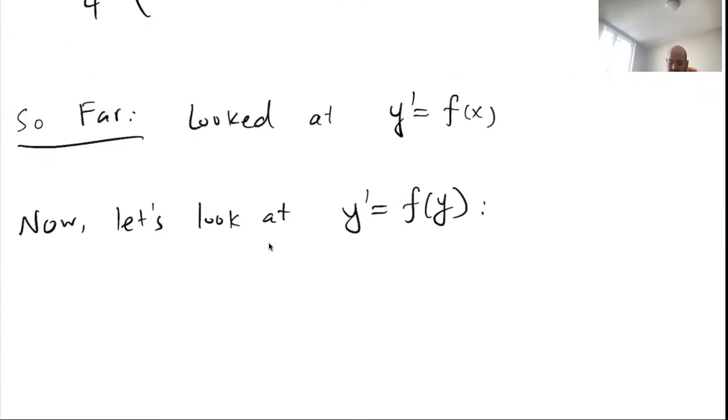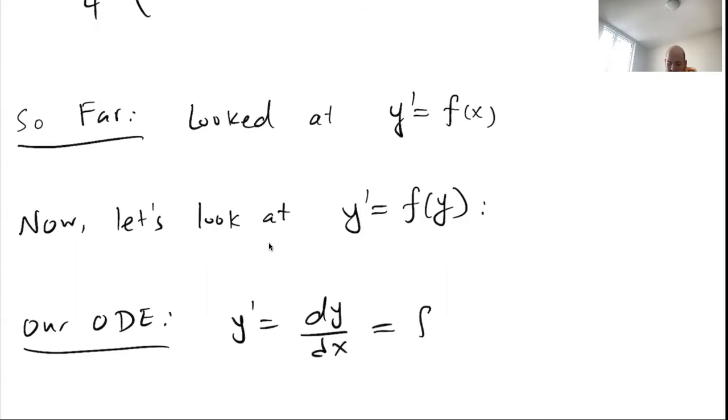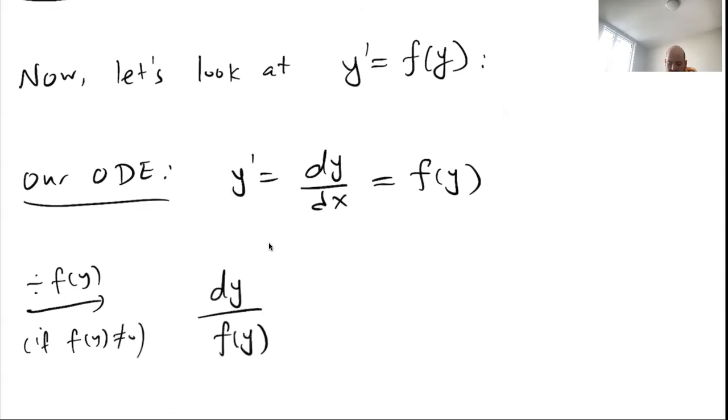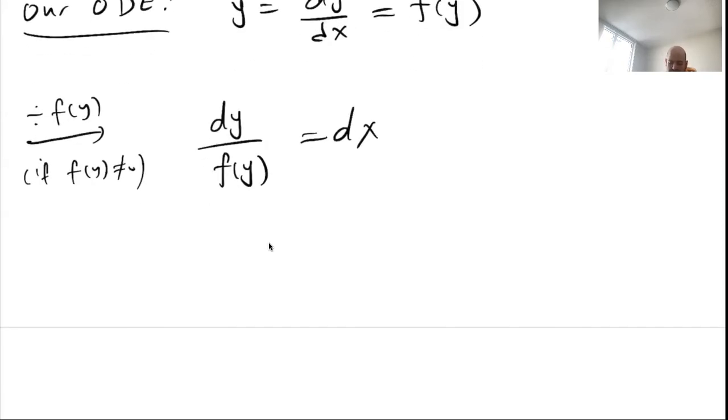So what will be the equation? Our ODE will be y prime equals dy over dx equals f of y. If f of y is not 0, then we can say that dy over f of y equals dx, right?